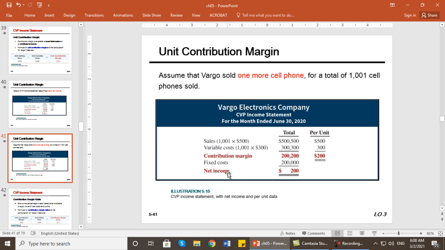Net income will increase by the contribution margin for the additional unit. So the statement shows net income of 200, which is the contribution margin for the last unit we sold.